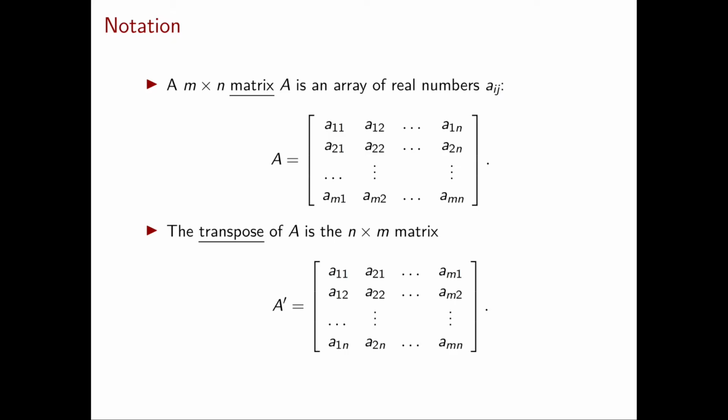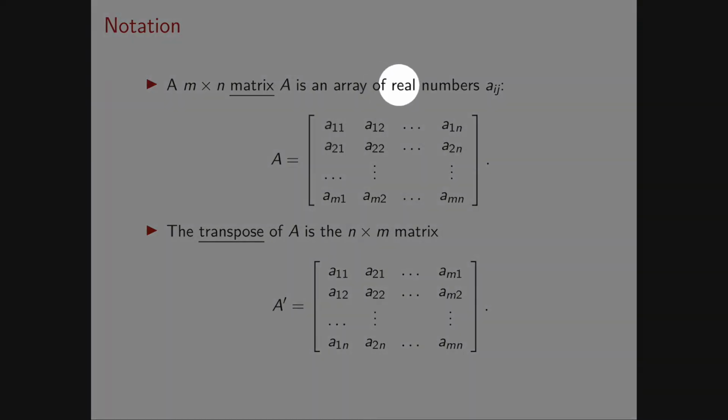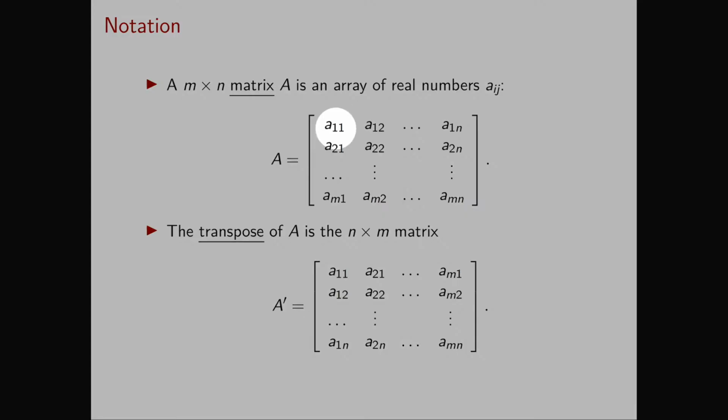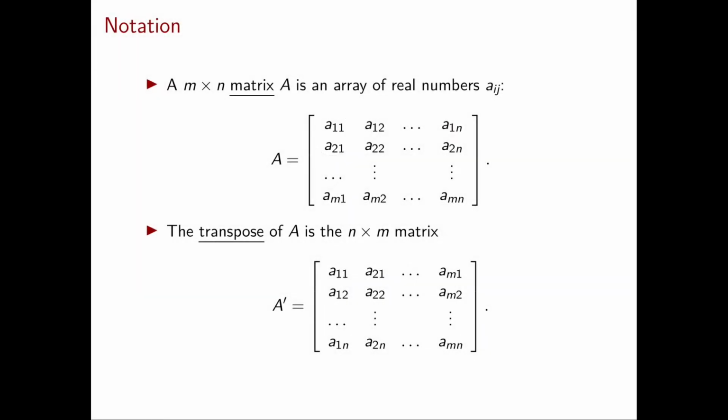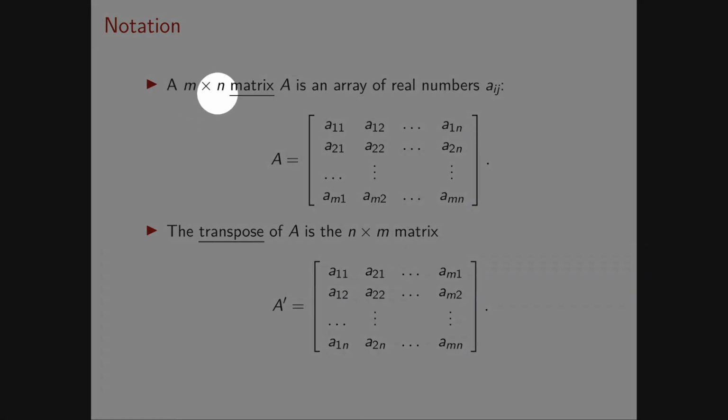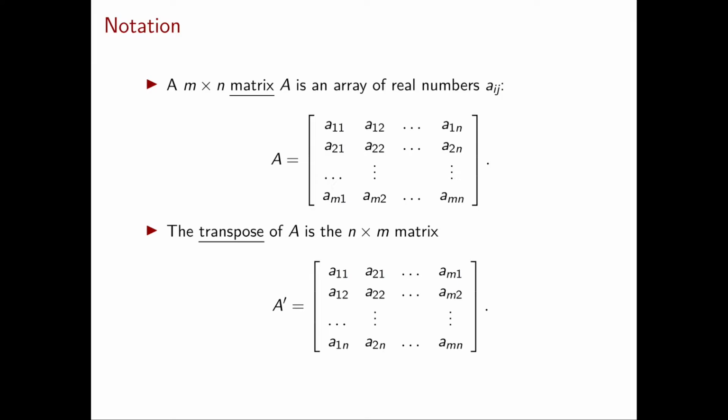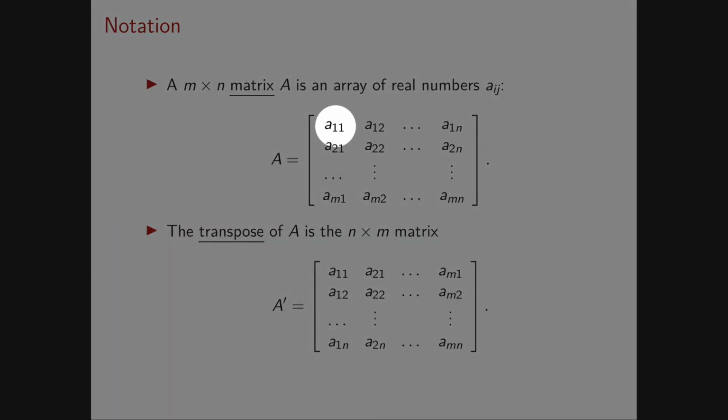Before starting, let me introduce some notation that we will use throughout the course. An m by n matrix is just an array of real numbers organized in rows and columns. So m is the number of rows and n is the number of columns. In the first row, we will have elements a11, a12 until a1n.